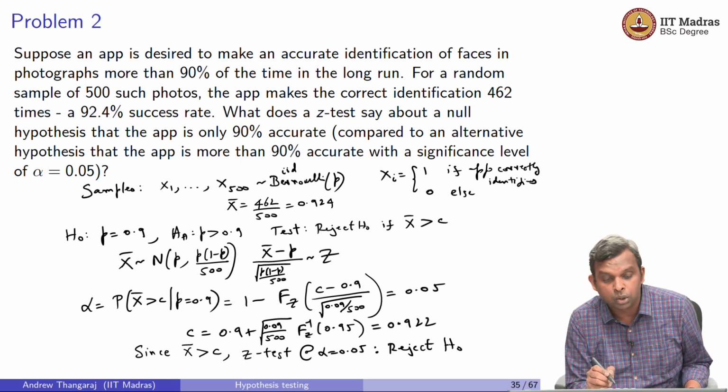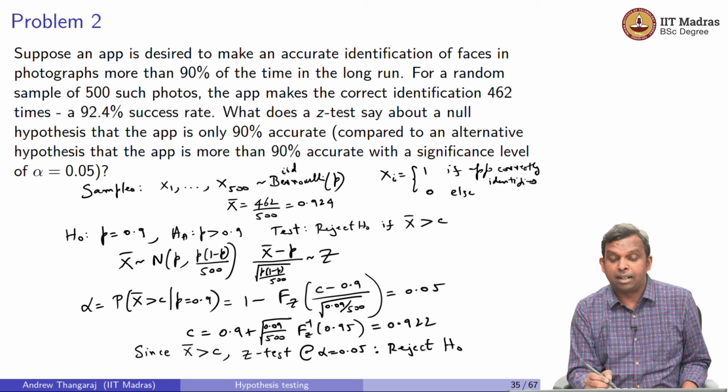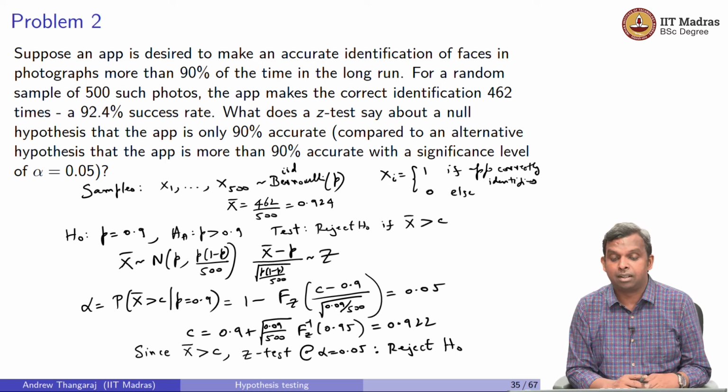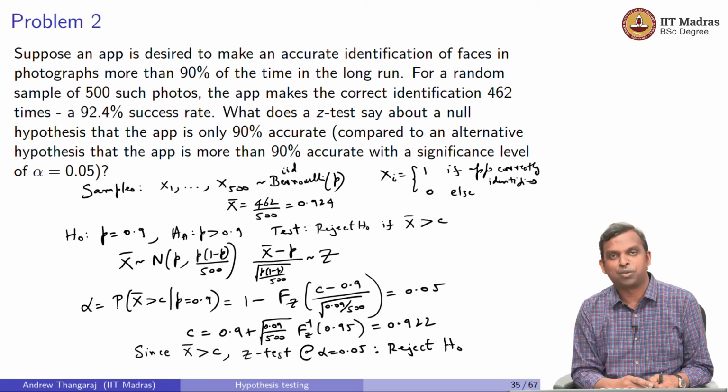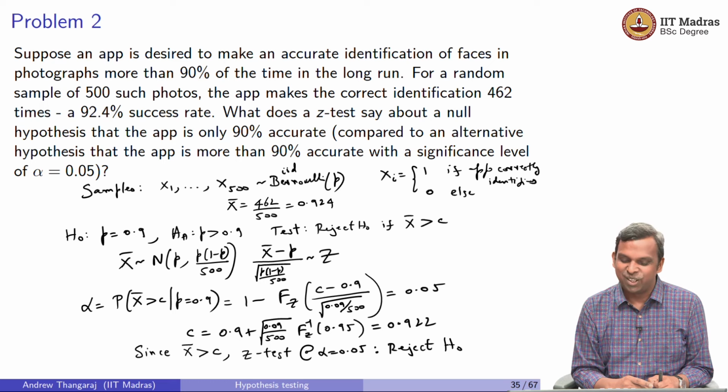So we're going to conclude that the app is in fact greater than 90% in average correct prediction. So that's good news for the app, isn't it? You can say it's greater at significance level 0.05.